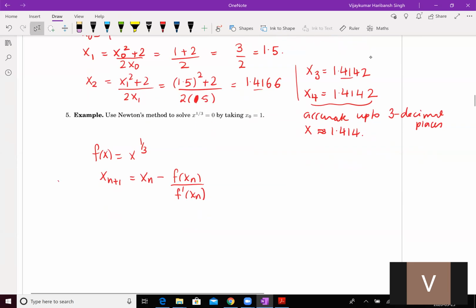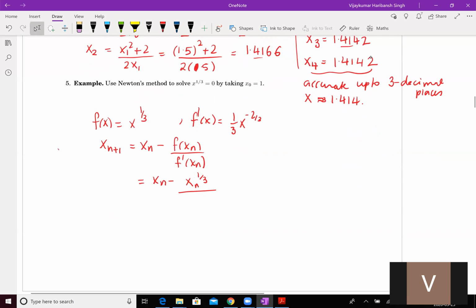Now this is going to be xn minus f of xn, which is xn to the power 1 by 3, divided by f prime of xn. The derivative of this, f prime of x, is 1 by 3 x to the power minus 2 by 3.